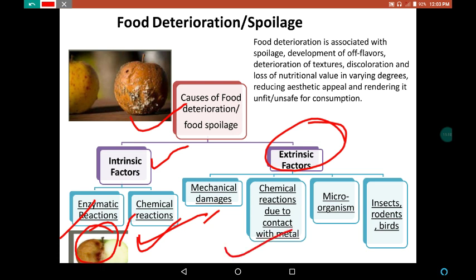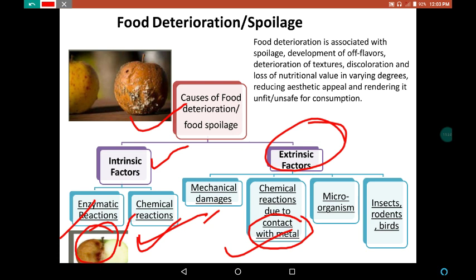Then chemical reaction due to contact with metal. Many times you hear from your mother: don't put curd or lemon in any brass utensil. Why?